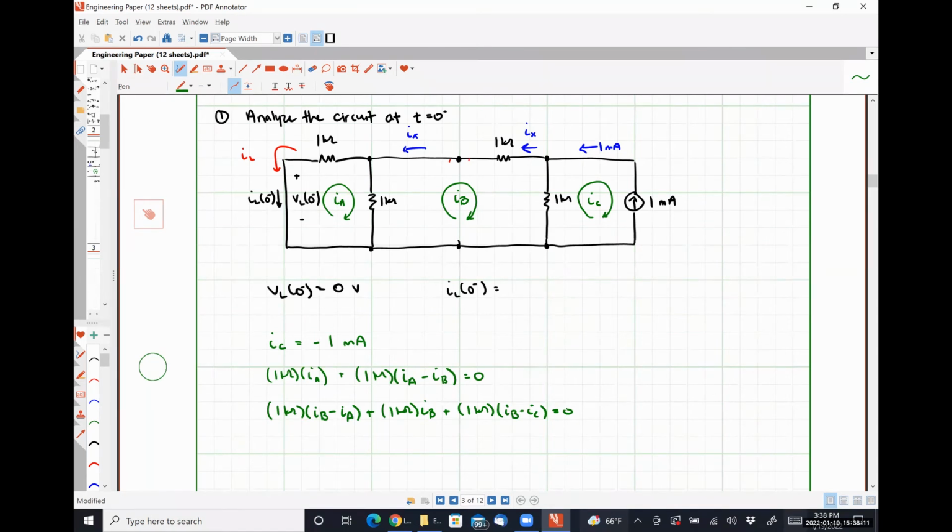And so we now have effectively 3 equations, 3 unknowns, and we can solve for those 3 quantities, IA, IB, and IC. Someone tell me what you get.